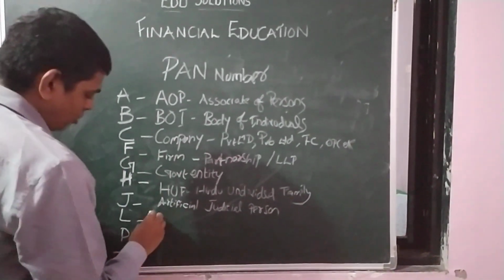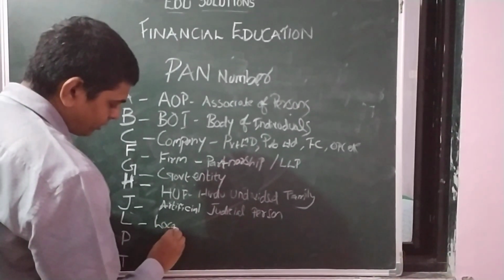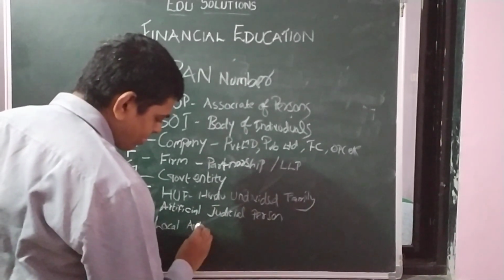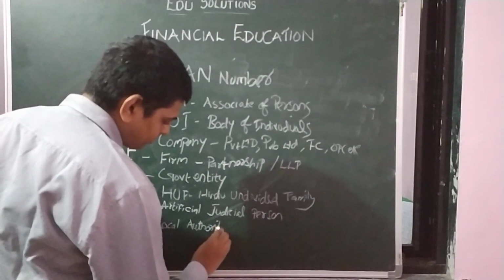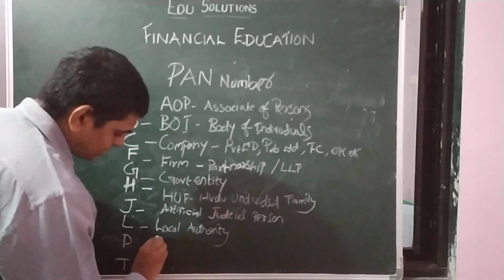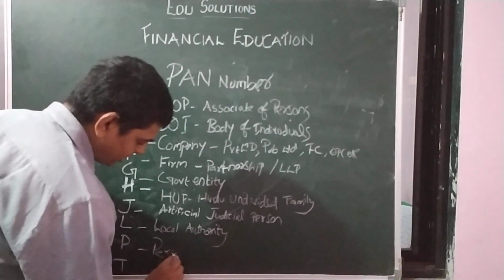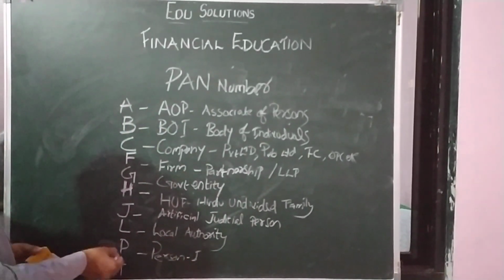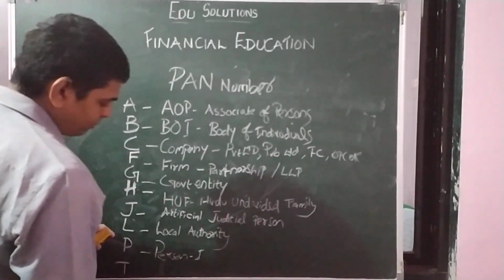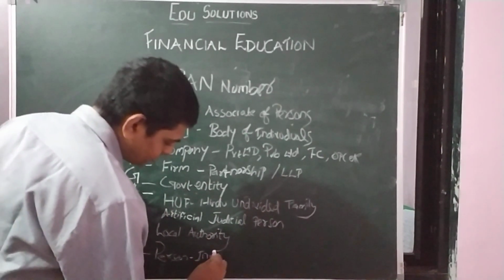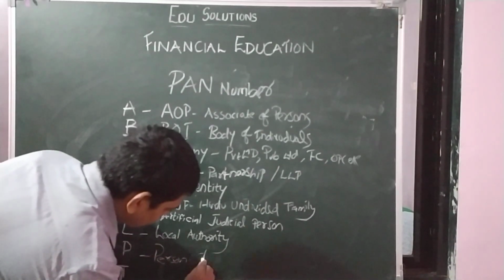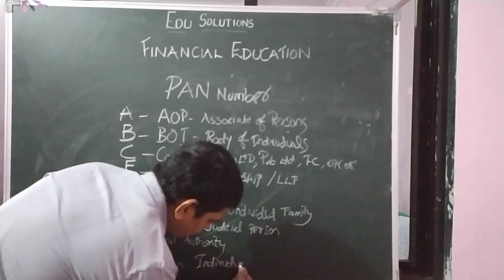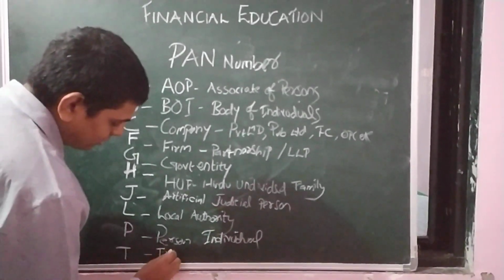L is local authority. If it is any local authority in your area, it comes under L. P is person. That means every individual comes under this. If you see your individual PAN card, you can see your 4th character will be P. Last, T for trust.